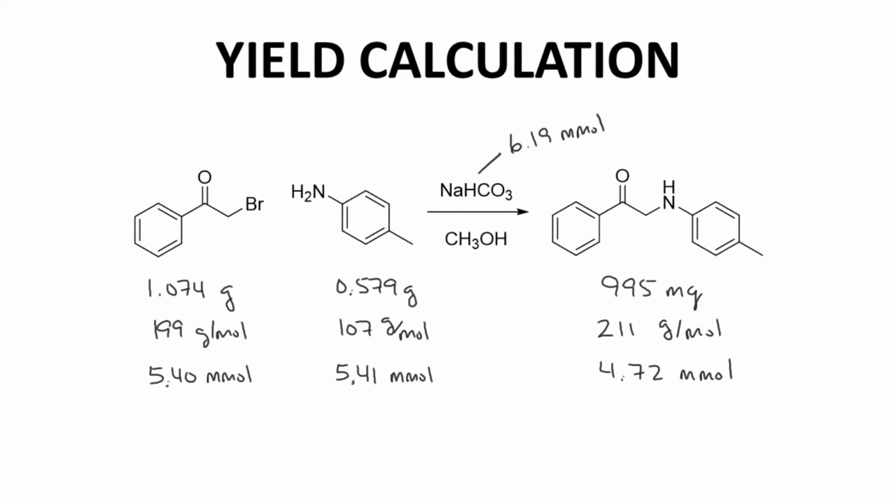So our limiting reagent is the bromoacetophenone. That's our theoretical yield, and here is our actual yield of our product. If we do actual divided by theoretical times 100, we get an 87% yield off this reaction.